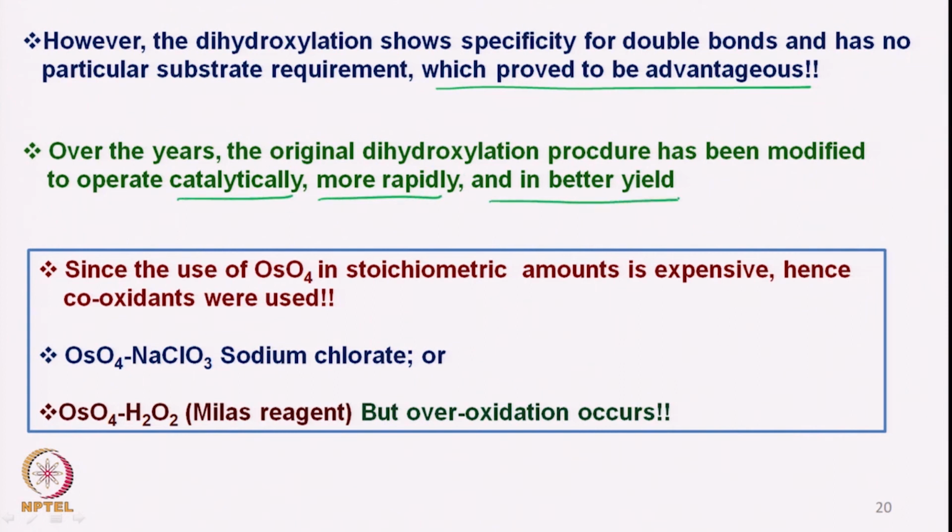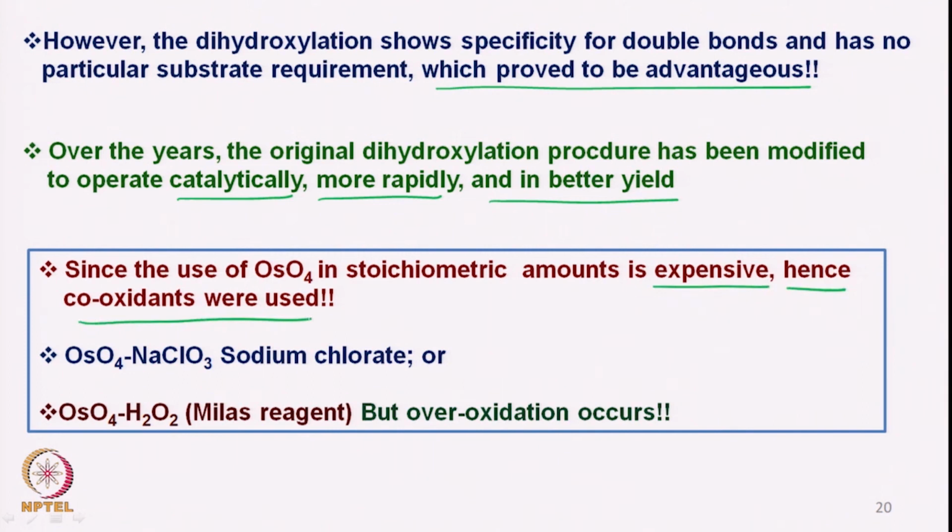That means if osmium tetroxide could be made catalytic in its usage, then the reaction is definitely going to be very useful.